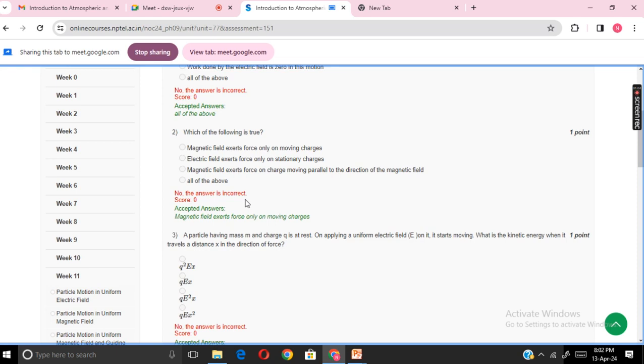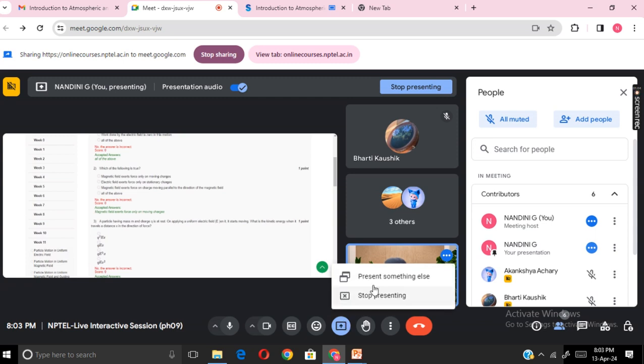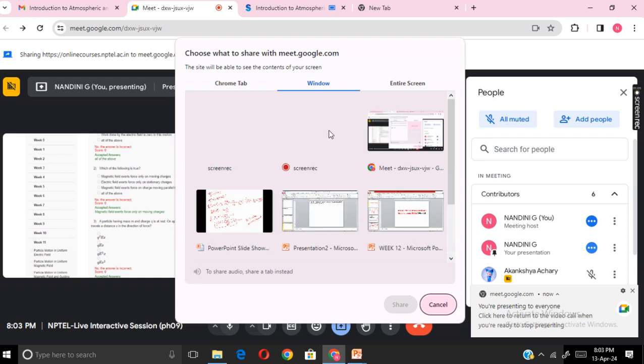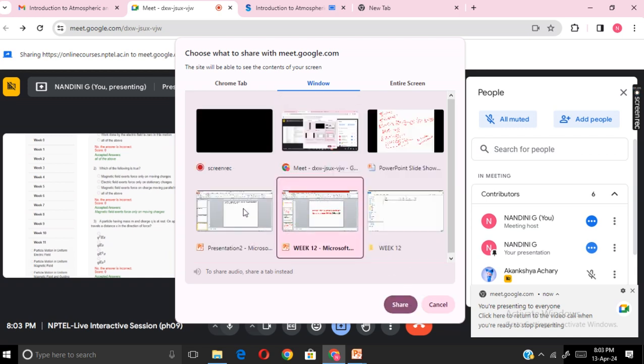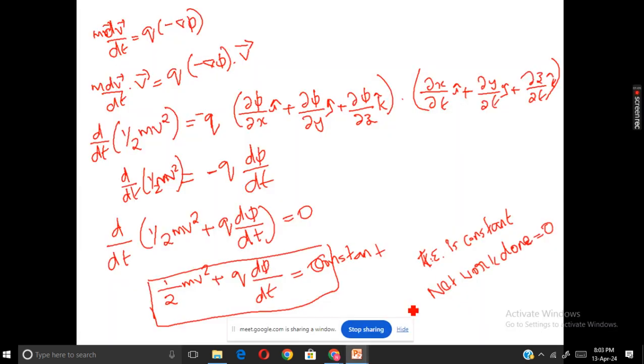And the fourth one, all of the above. So the question is, which of the following statements is true? First statement is magnetic field exerts force only on a moving charge.